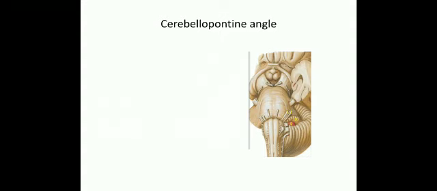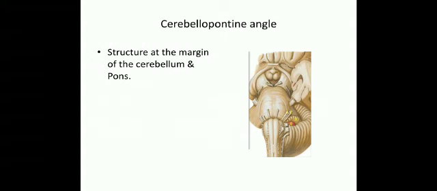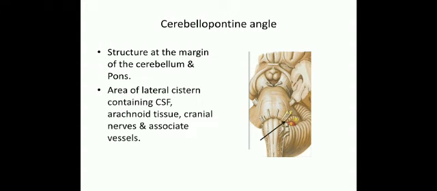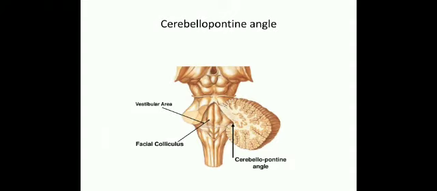Now, the cerebellopontine angle. As the name indicates, this is the structure at the margin of the cerebellum and the pons. It is the area of the lateral cistern containing cerebrospinal fluid, arachnoid tissue, cranial nerves and associated vessels. Here, from another angle, we can observe the cerebellopontine angle.